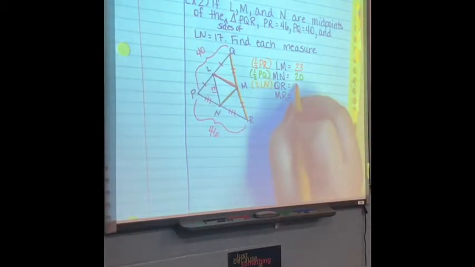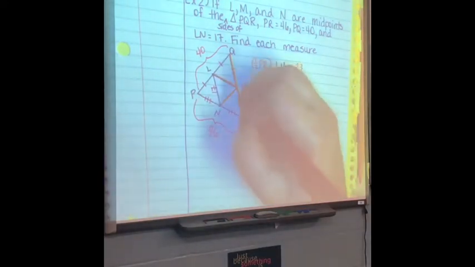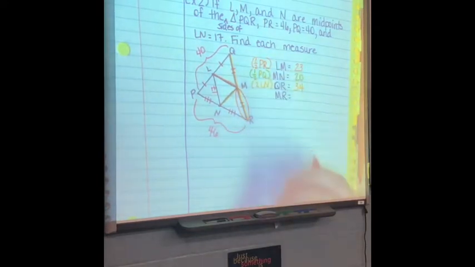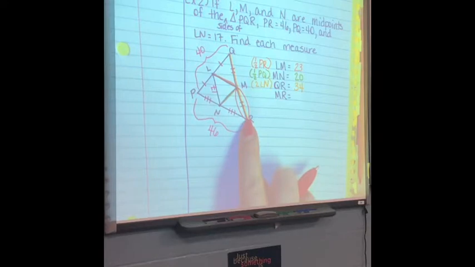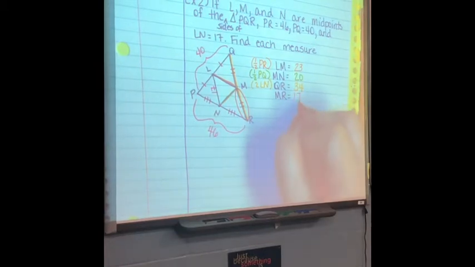So 2 times 17 would be 34. Okay. And then the last thing I'm going to look at is MR here, this whole segment here. How could I find MR? Right, the whole length is 34 and M separates it into two congruent pieces, then I could just half it and that would be 17.